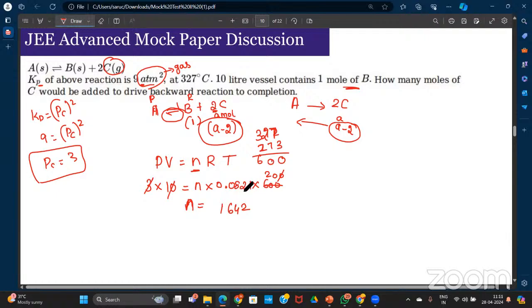So the n value is equal to 1.6. So 1.6 is your answer. Got it, everyone? Any doubt with this question? Yes, fine. So moving to the next question.